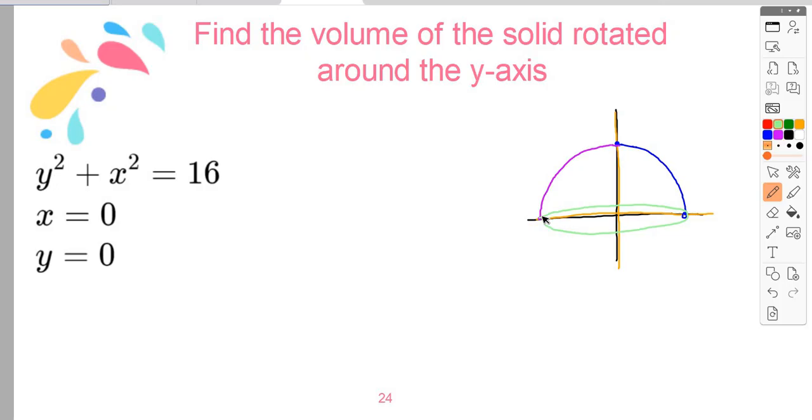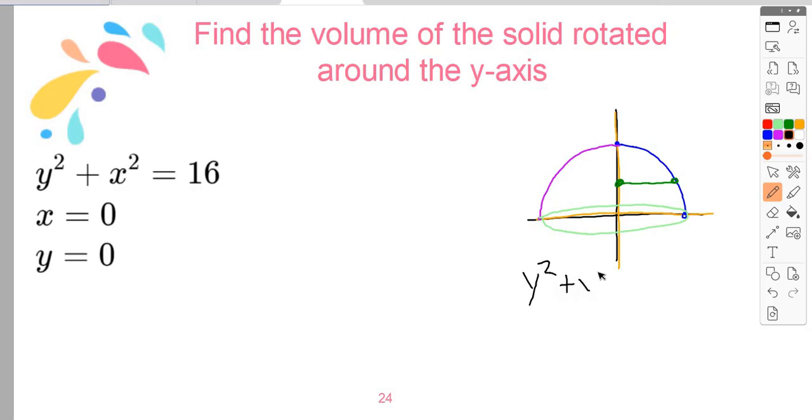So, again, remember that our radius is going to go from the graph to the axis of rotation, which is a little bit different this time because our axis of rotation is the y-axis, which means that my length is whatever x equals. Which means that I need an equation with y's in it this time instead. We have an equation, it's just right now it has both x's and y's in it.